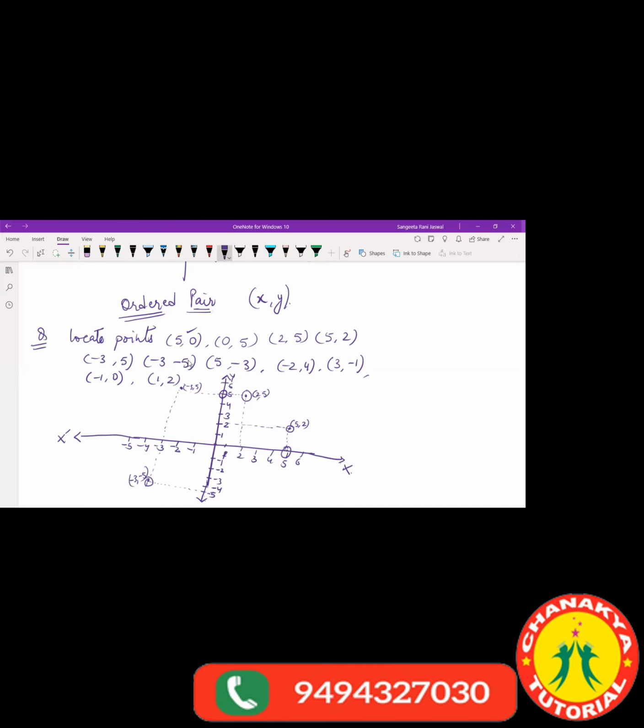Completed? Great. And please make it with pencil and scale. If you don't have graph paper, that's okay. Do it in your notebook now, but please do such sums in graph paper only. Here I am just doing it to show you, but you should do it with scale and pencil.